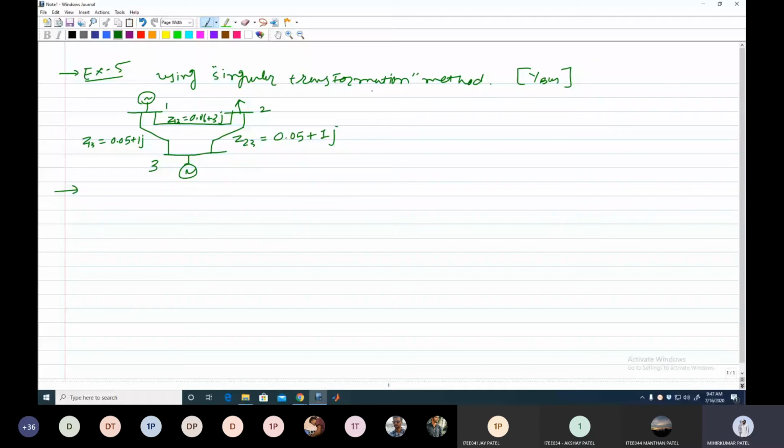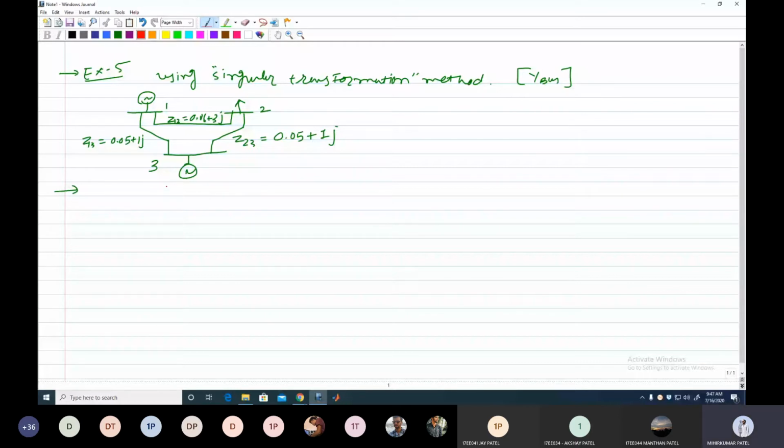So what is our first step for the singular transformation method? Just recall the theory. What is our first step? We have to convert this network into graph theory. So everyone, just try to draw the oriented graph for this figure number 1.